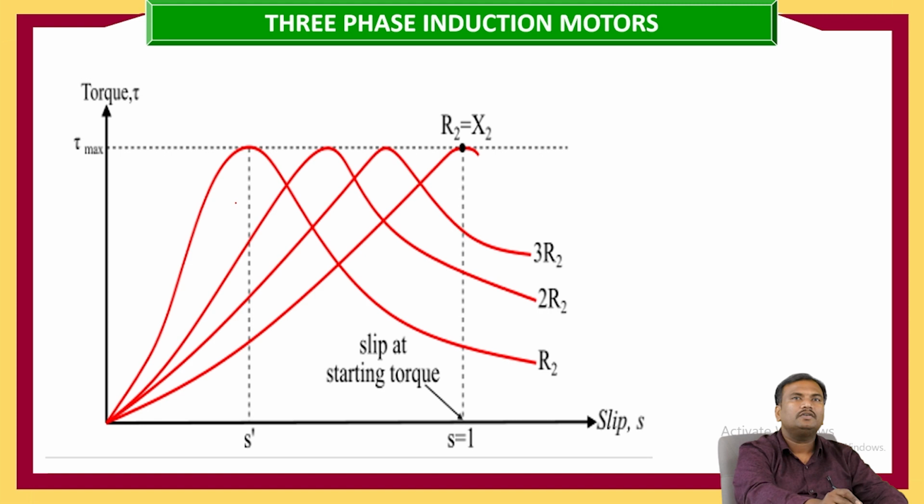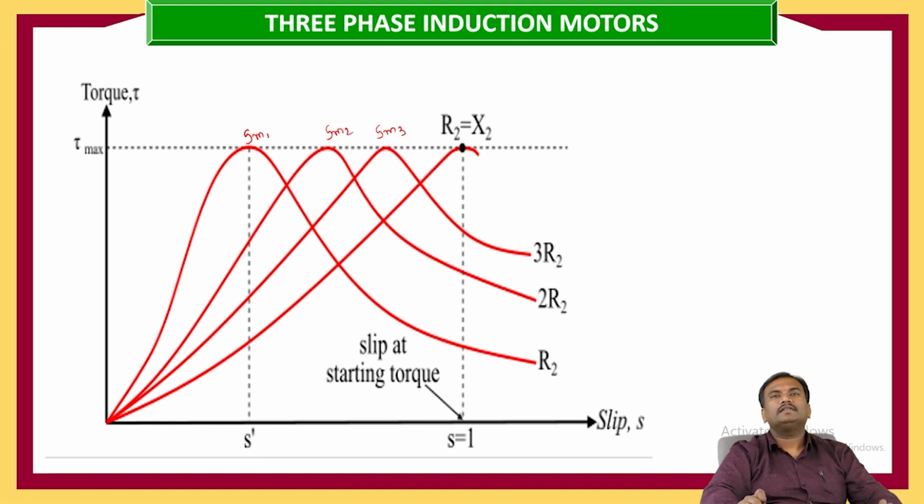Here, this is Sm1, Sm2, Sm3, Sm4, that is R2 equal to X2, where we are going to get the slip value as 1.